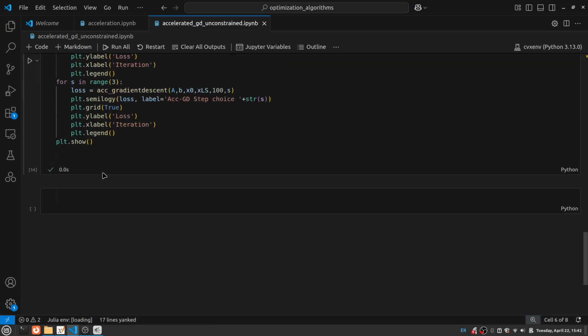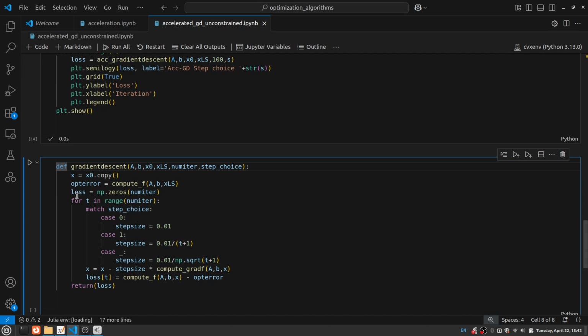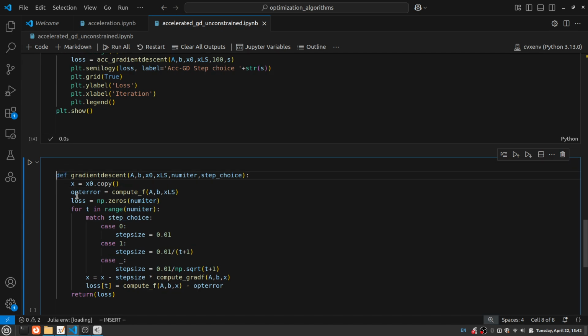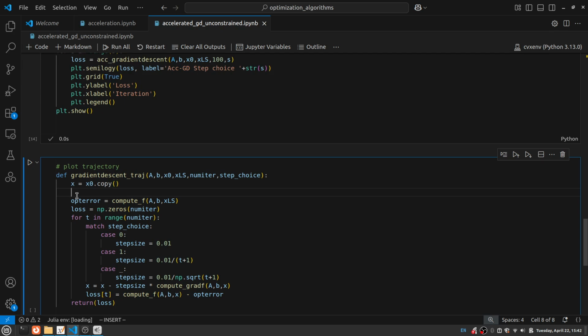I will copy this function. Right, so I have the optimal error, I have the optimal XLS.